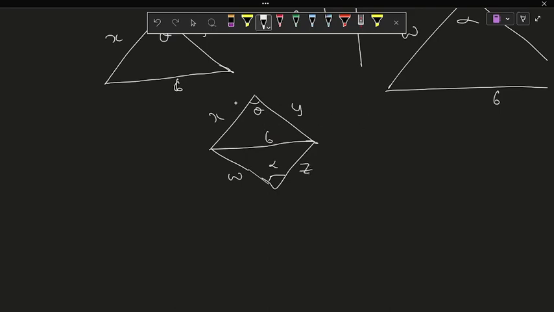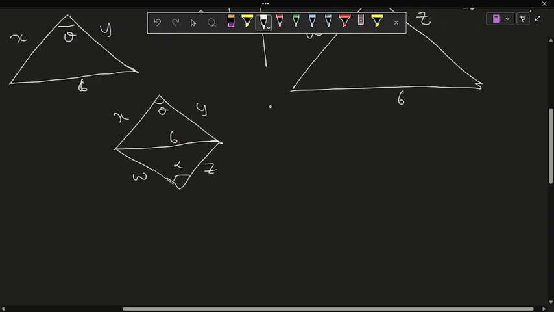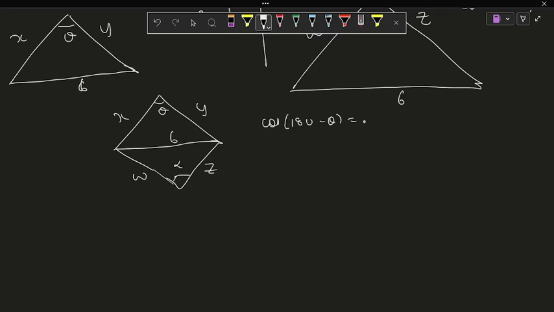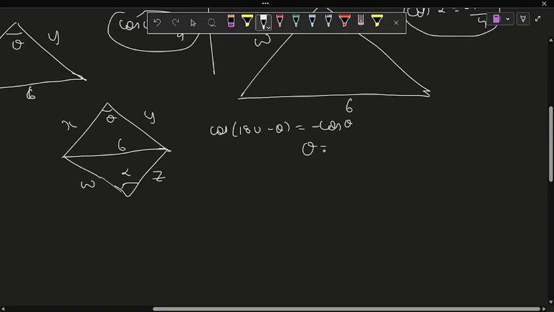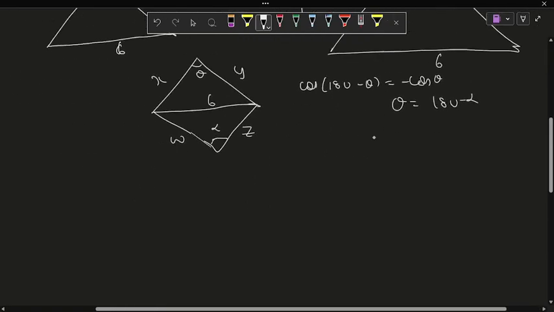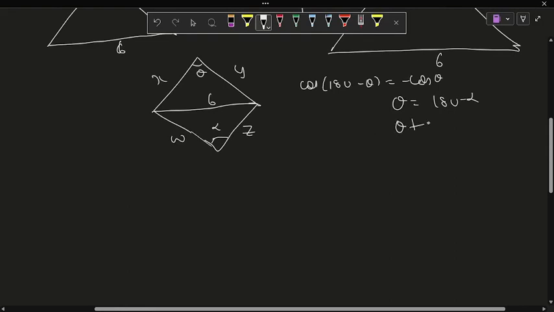Yeah, so we have this, and we also know this formula that cos of 180 minus theta is equal to minus cos theta, which clearly means that since cos theta is equal to negative of cos alpha, theta is simply 180 minus alpha, or vice versa, which means theta plus alpha is 180.